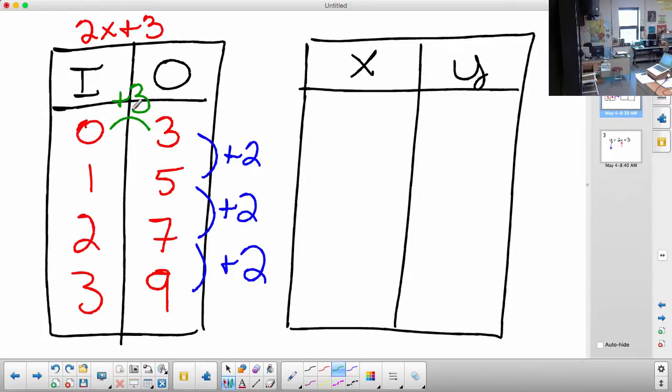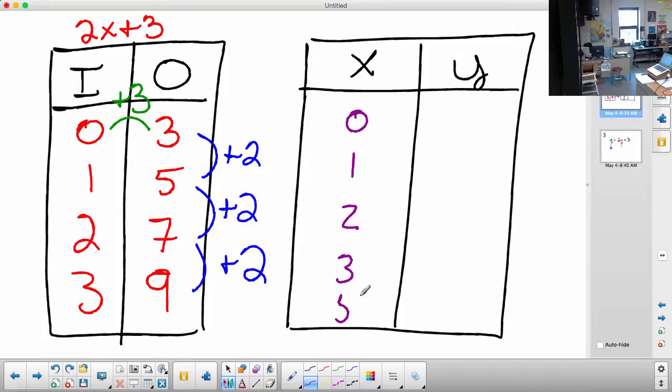All right? I'm going to give you a behind-the-scenes look at this. I'm going to come up with a random set of numbers here, and I want to see if you can figure out the equation. My input is going to be 0, 1, 2, 3, and 5.